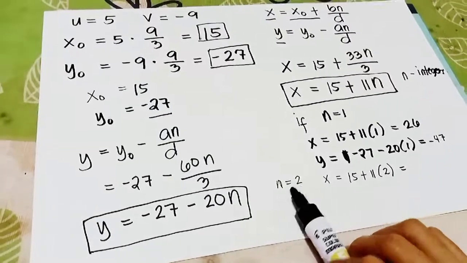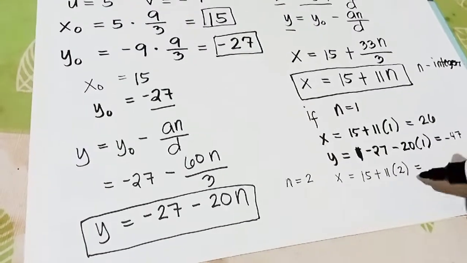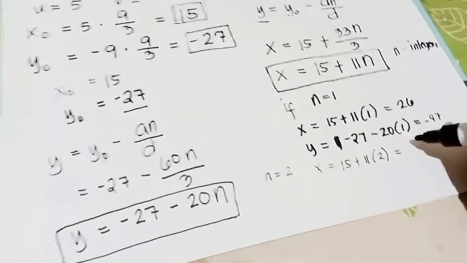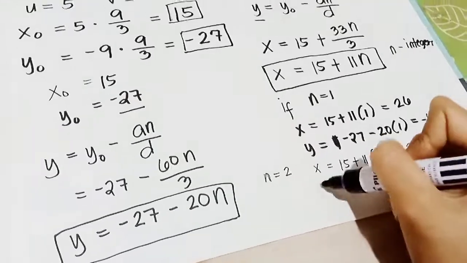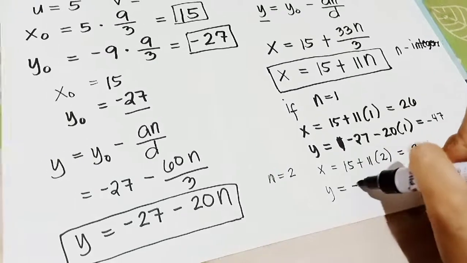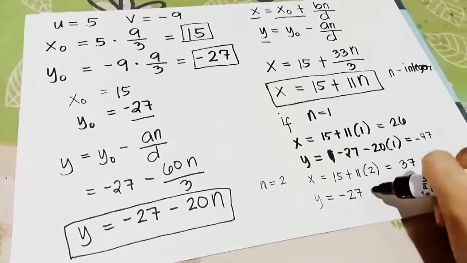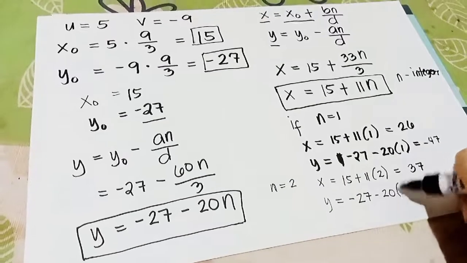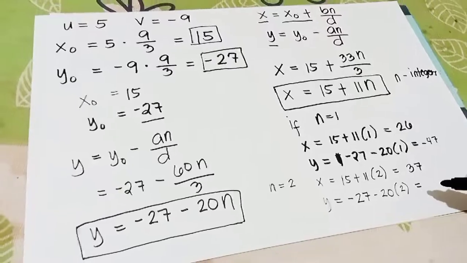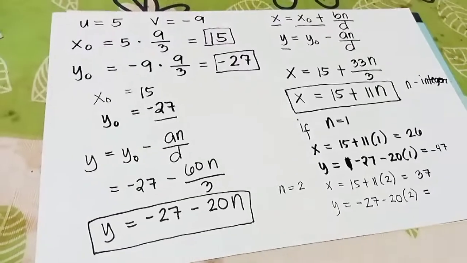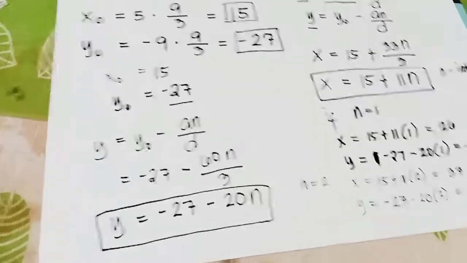Now, if n equals 2, x equals 15 plus 11 times 2, which is 37, and y equals negative 27 minus 20 times 2, which is negative 67.